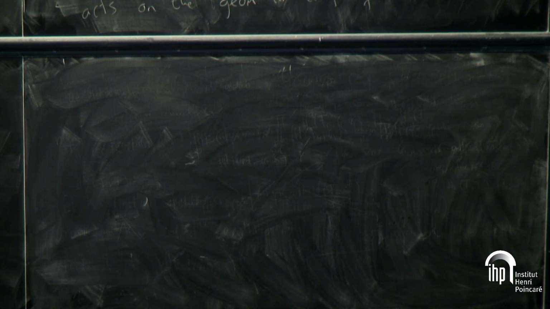I should say, by increasing my set of places S, I can make sure p isn't ramified in the Galois extension corresponding to gamma i.